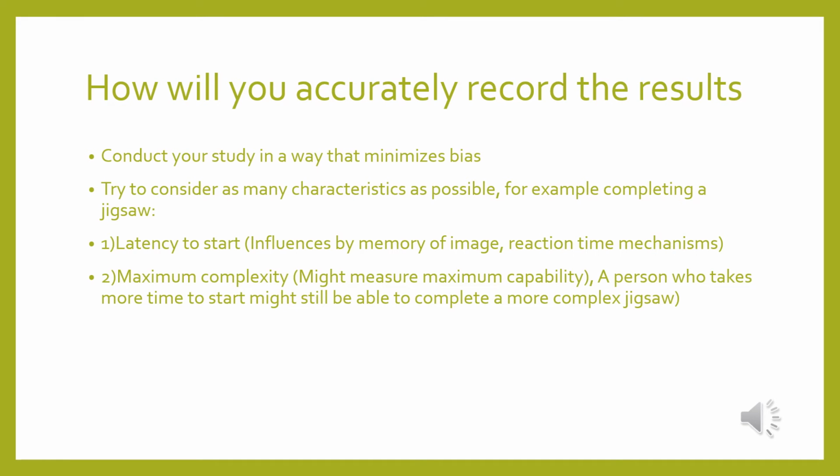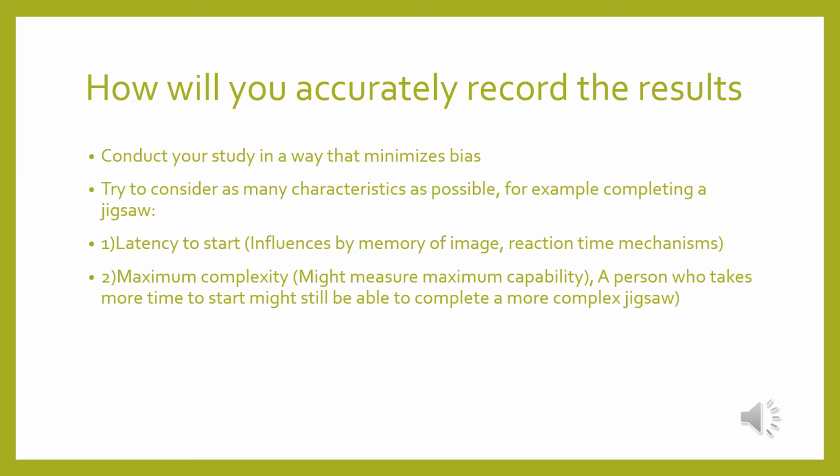So adding on to that, coming back to using a jigsaw to measure spatial intelligence, you could look at, for example, the latency to start, how long it takes for them to start completing the jigsaw and process what they have in front of them, and also the maximum complexity jigsaw they can complete. If you just measured the latency to start the jigsaw but didn't measure the complexity, you might actually be missing out on information.